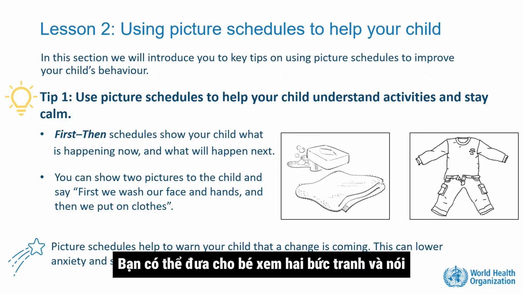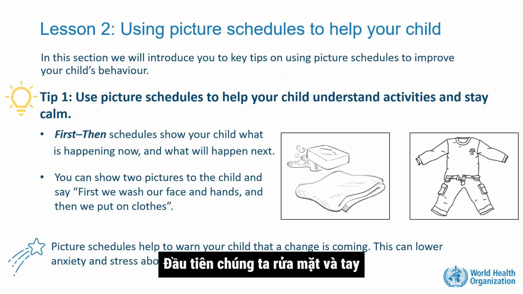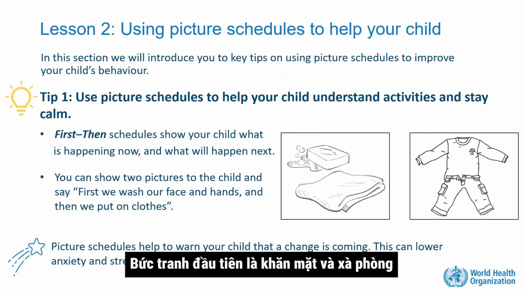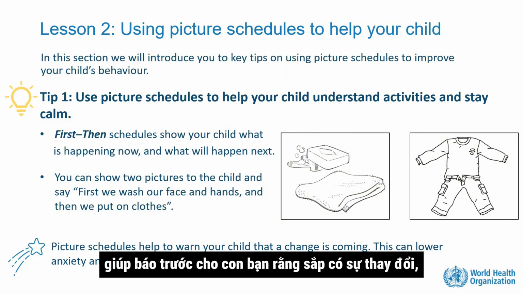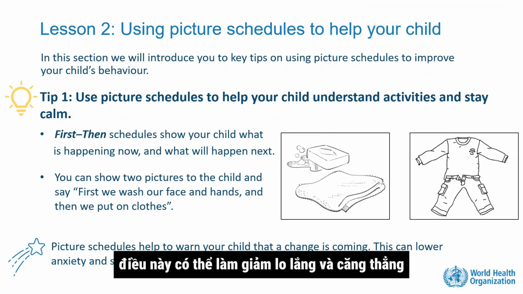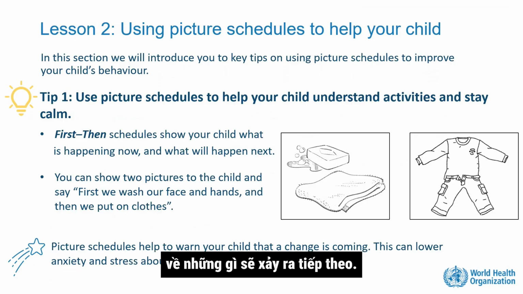You can show 2 pictures to the child and say, first we wash our face and hands, and then we put on clothes. The first picture shows a washcloth and soap, and the second picture shows clothing. Picture schedules help to warn your child that a change is coming. This can lower anxiety and stress about what will happen next.